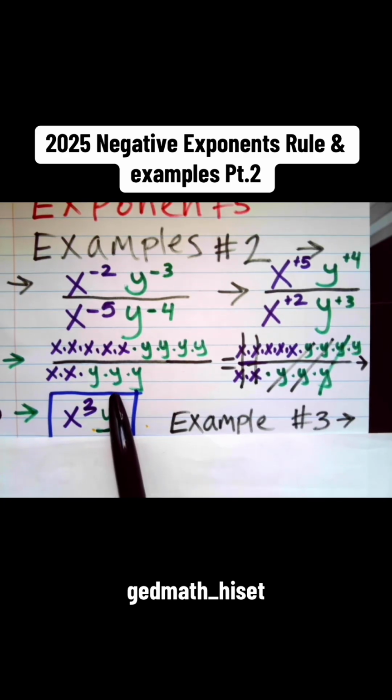Now, did I need to include that 1? Many times in your answers, you will not see it. Is it okay to put a 1 value here? Absolutely. This is that invisible one I've talked about. Most of your answers you'll see as x cubed times y to the power of 1, but they won't show that 1.